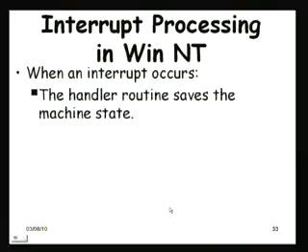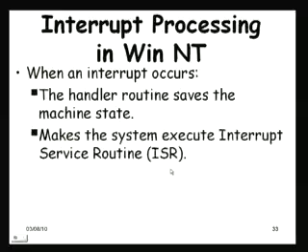Now, one important thing that we need to discuss is interrupt handling in Windows NT. We will see that the feature we were discussing, which is required for a real time operating system, is present here, but still there is a small problem. Let us see how the interrupts are handled here. So, once an interrupt occurs, the handler routine saves the machine state and makes the system execute the interrupt service routine.